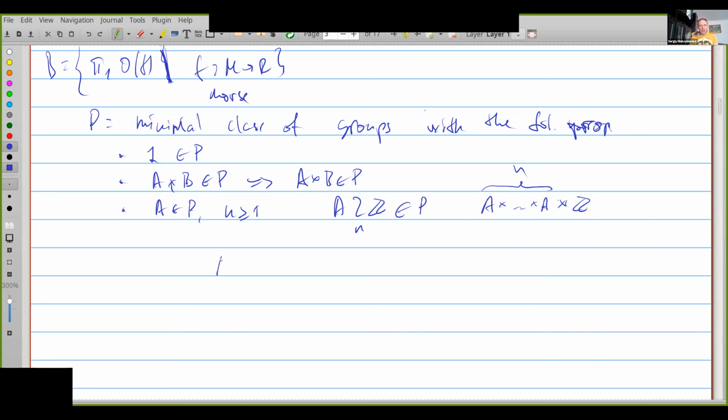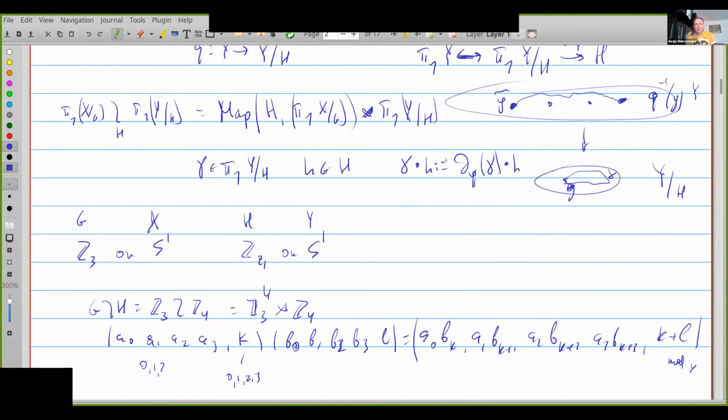Suppose we have an action on some set X such that the map is a cover, and also I have the action on the circle by z^n. This is just a rotation. Then this group A is the same as in the theorem.